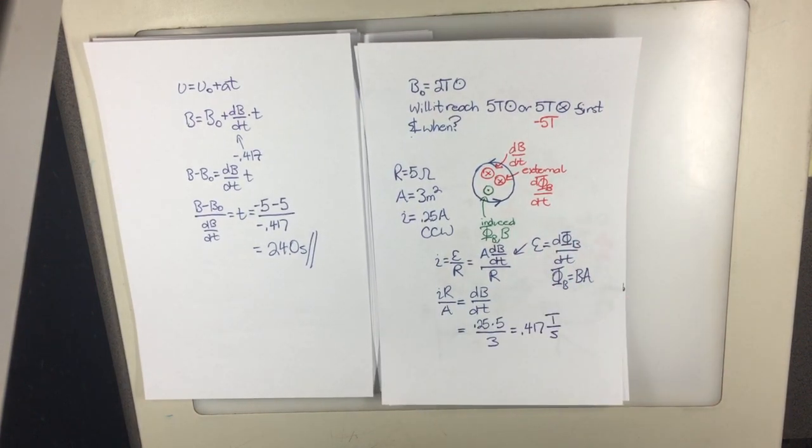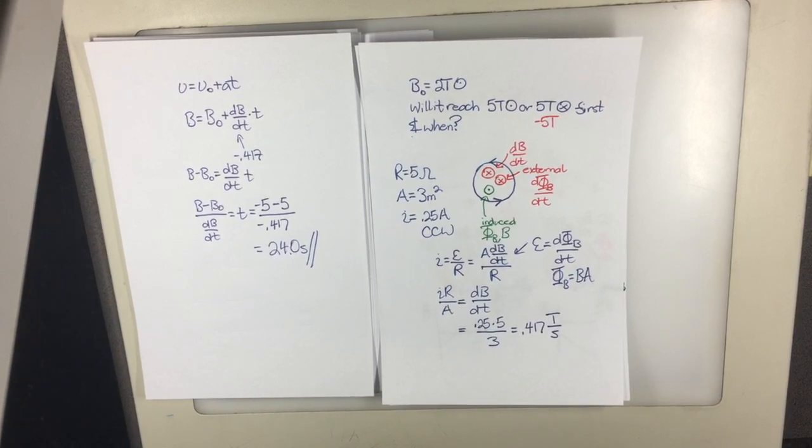So I have a loop, and in these types of problems I can ask for all sorts of variables, but in this one I gave you the current, 1/4 amp, and I also told you that the current was counterclockwise. That's a given. So this current is the induced current.